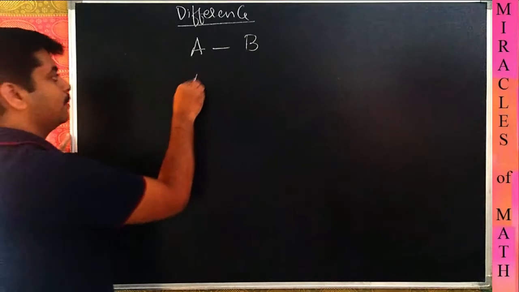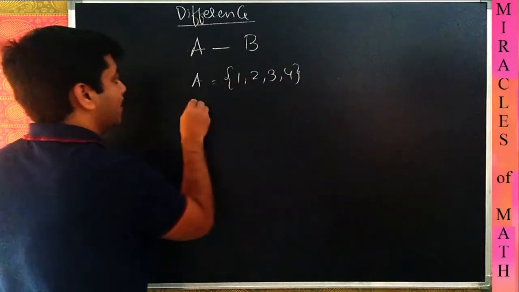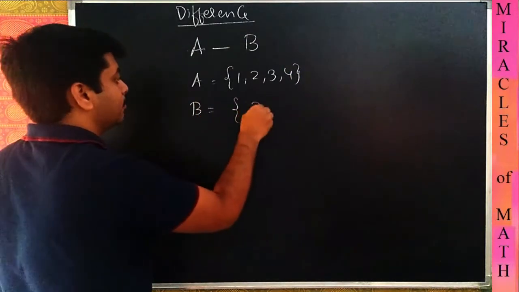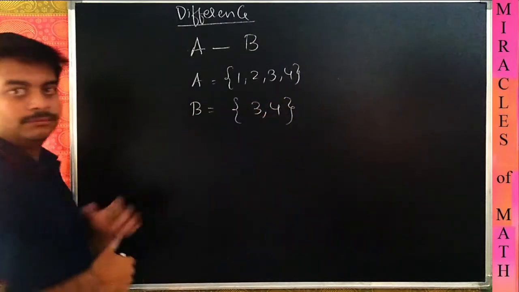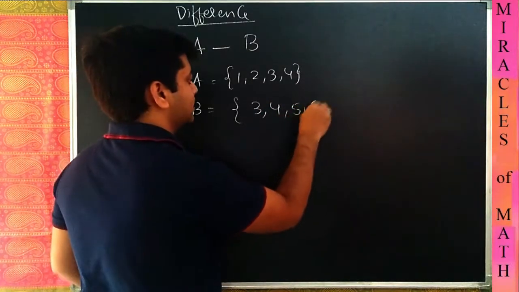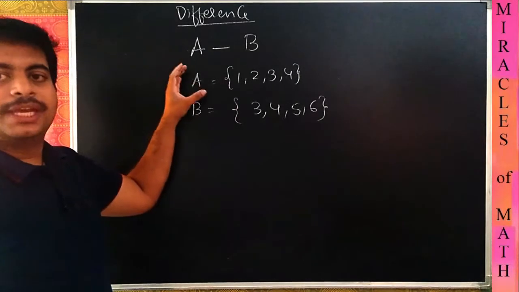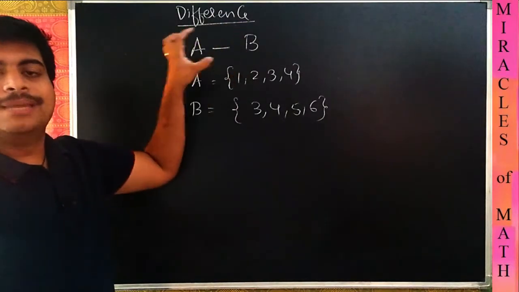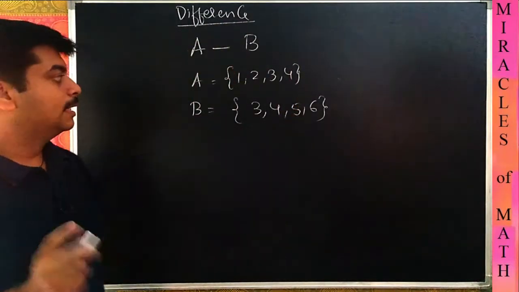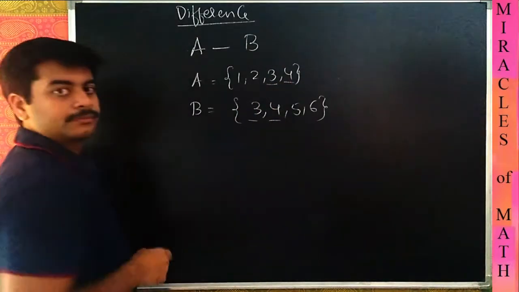Let us take one example. Set A is having 1, 2, 3, 4 and B is having, let us say, 3, 4, 5, 6. A minus B means from all the elements of A, you need to remove elements which are common with B. See, 3 and 4 are there in B also.